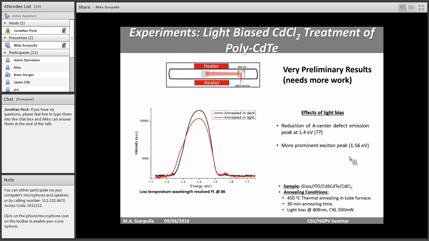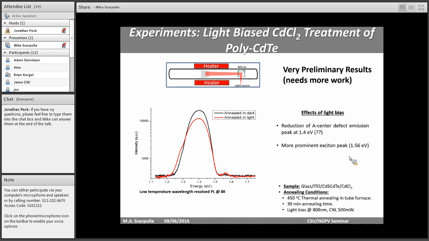We did the cadmium chloride treatment inside that tube furnace, either in the dark or with a light shining on the sample down the bore of the tube furnace. The photoluminescence results are shown in the bottom left there. The sample annealed in the dark, the black curve, actually has a higher intensity of that A-center peak.